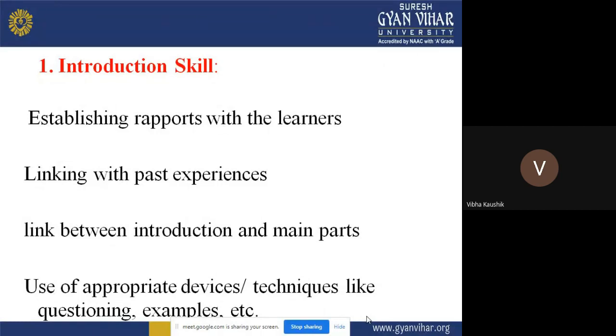Link between introduction and main part means the new concept that you are going to teach to the student must be linked with the previous knowledge which the student has. Use of appropriate devices: you have to select an appropriate device to integrate that particular chapter and the concept. Techniques like questioning: you can ask some questions related to the previous knowledge. You can give some examples, etc.